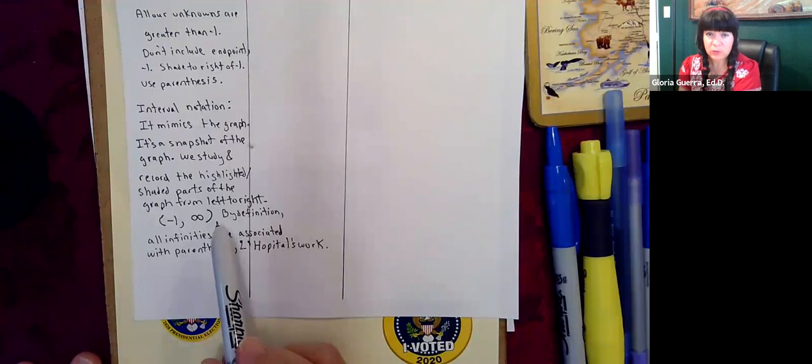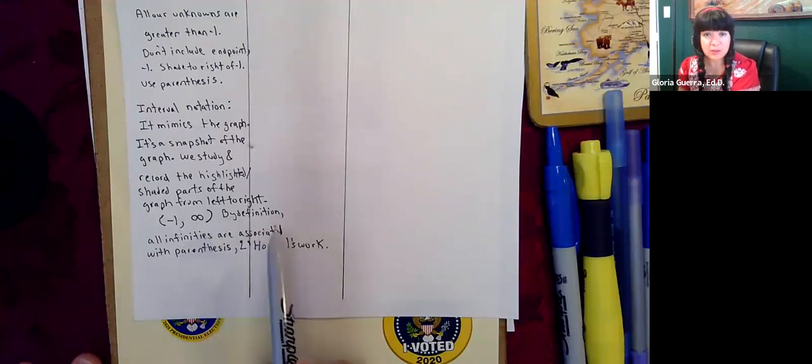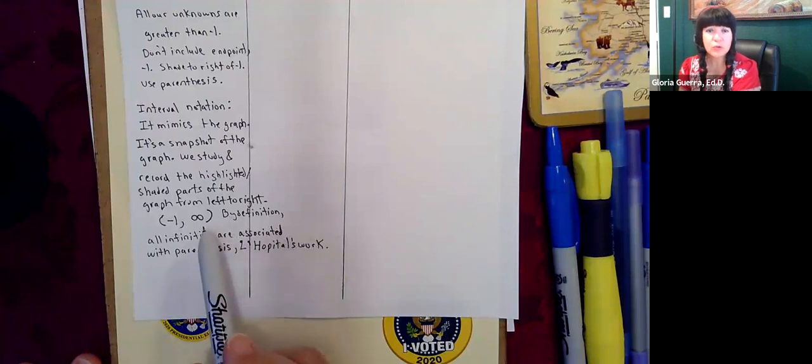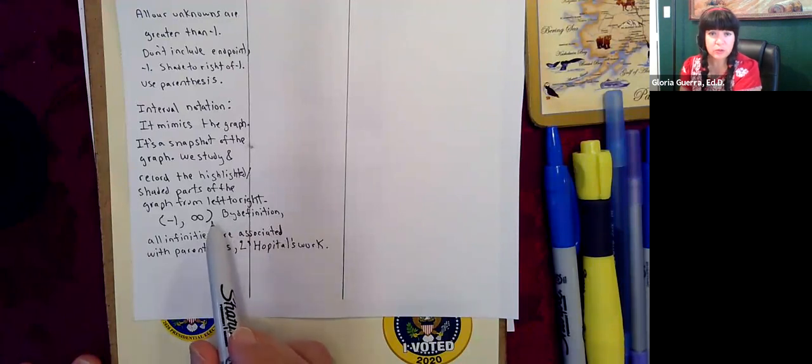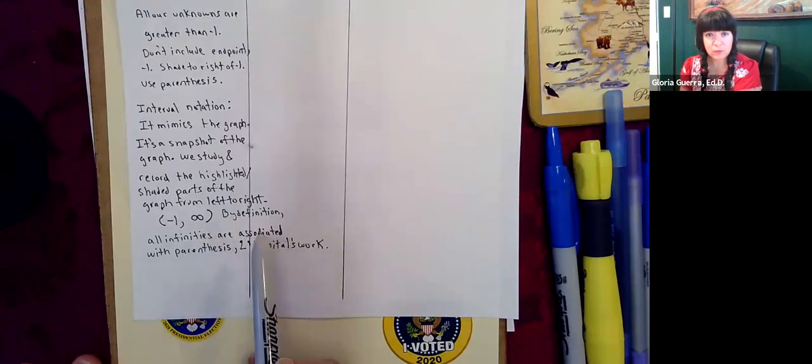If someone says, I want to take it out to 100, someone else can come around and take it past 100 to 105, and someone else can take it out to 200. So there's no limit. It just goes on forever. That's why a bracket wouldn't be appropriate. Parentheses is better because it doesn't actually include an endpoint.